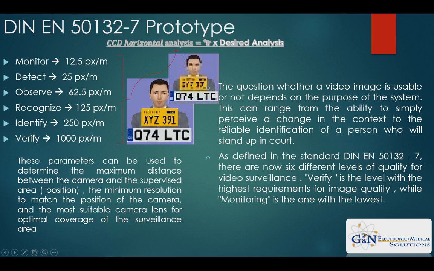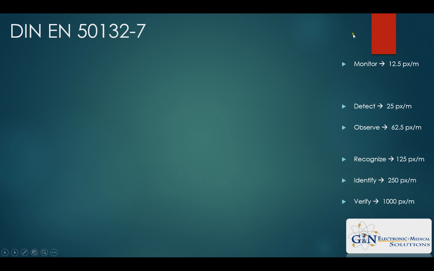So this actually gives us the information whether the camera will have the ability to simply perceive a change in the context of the whole area, or whether it will be able to be used as a reliable identification of a person that we don't know. So let's see in the next slide exactly what each one of these parameters is.